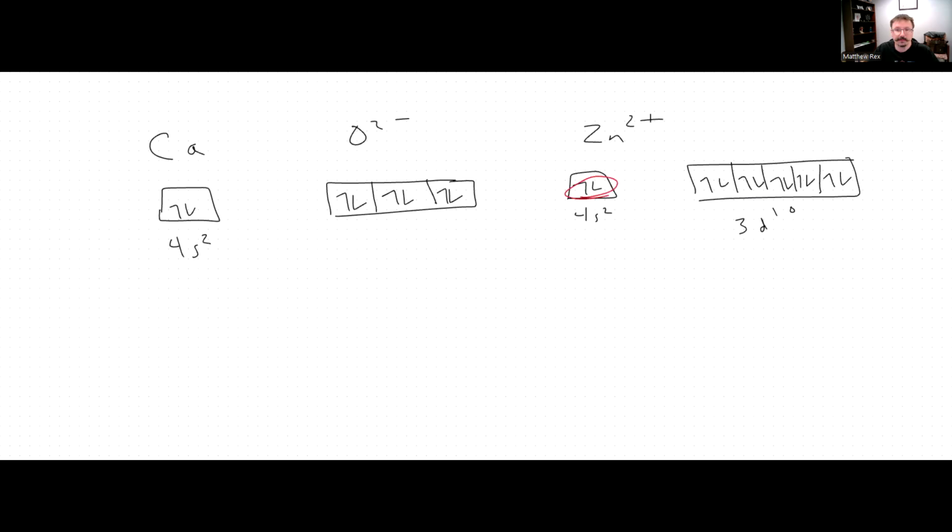So that's going to look like this now. All the remaining electrons are all paired there in the d subshell, so that's diamagnetic.